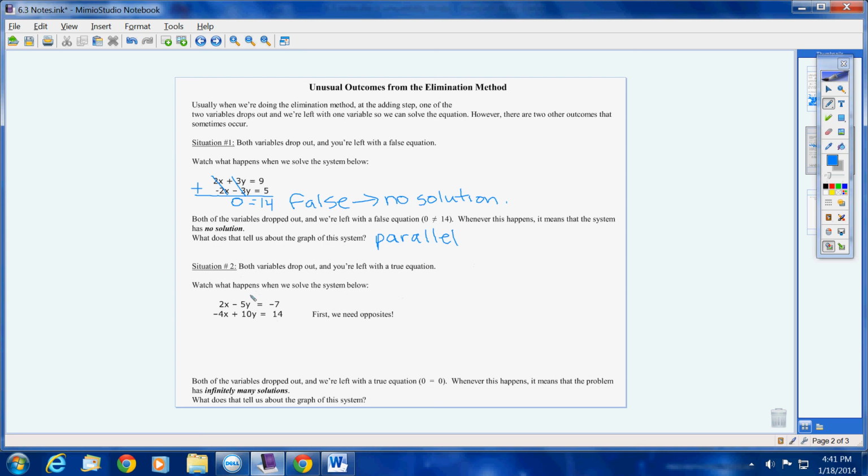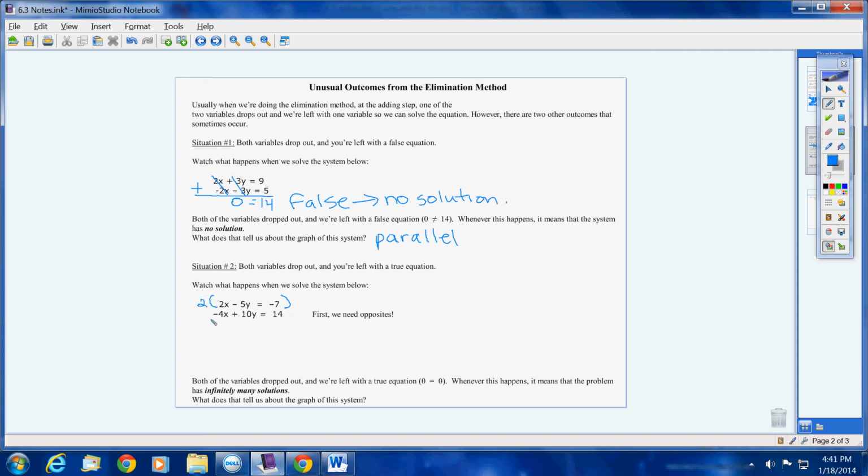Situation number 2. What happens when both variables drop out and you're left with a true equation? So what happens when we solve this equation? First we need to find opposites. Well, if I look at my x's, I just need to multiply the top equation by 2.